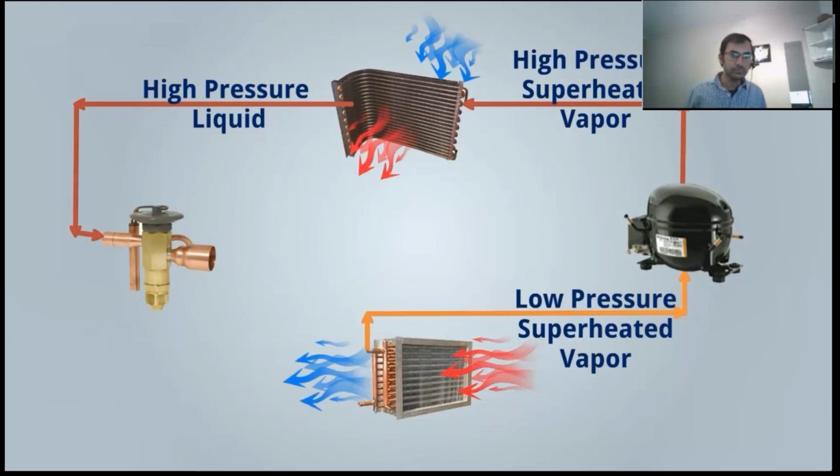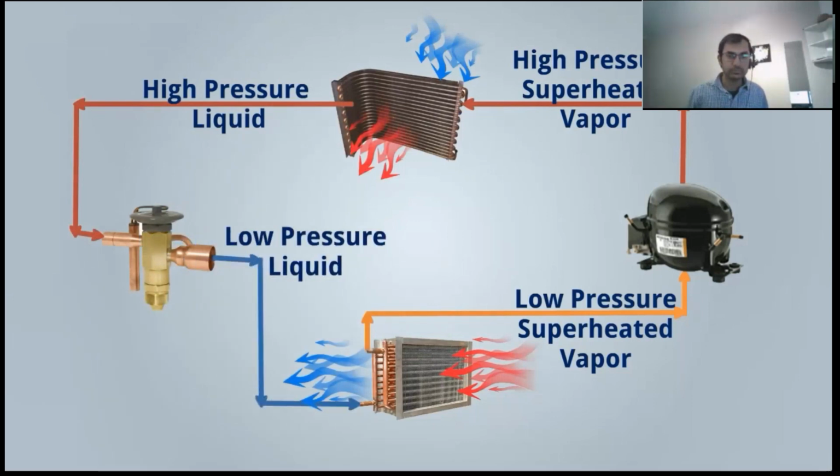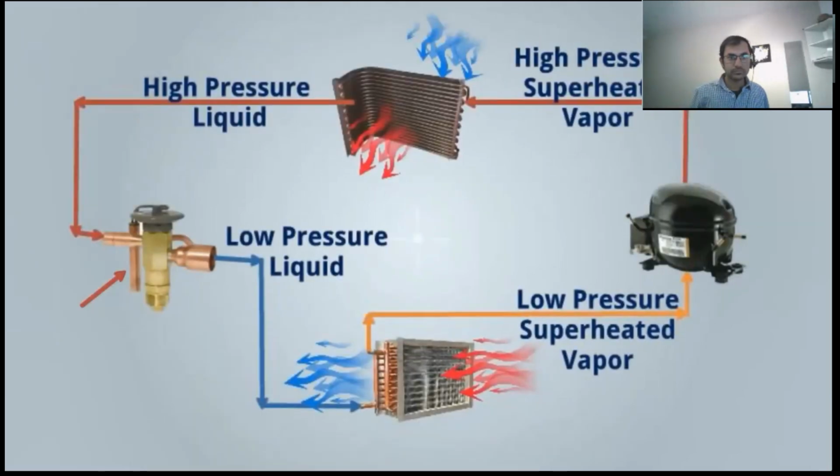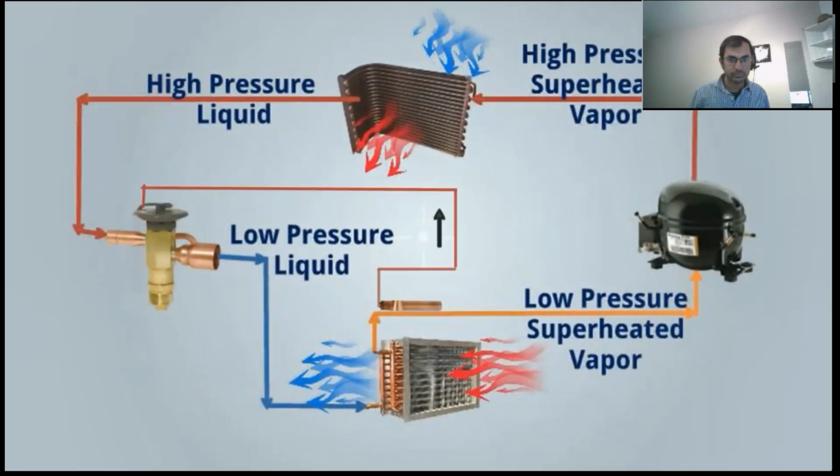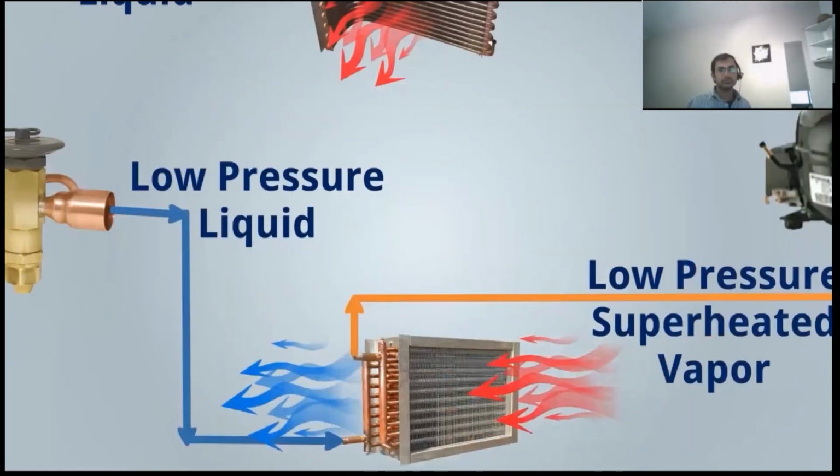An expansion happens and we get low pressure low temperature liquid at the outlet of the expansion valve. The bulb of the expansion valve is touched to the outlet of the evaporator and controls the condition of the refrigerant and flow. So we have got a basic idea about the refrigeration cycle.